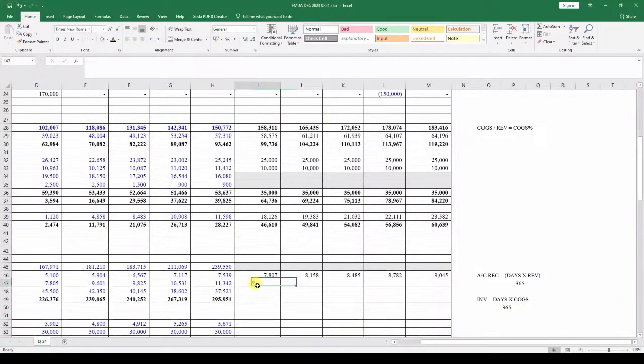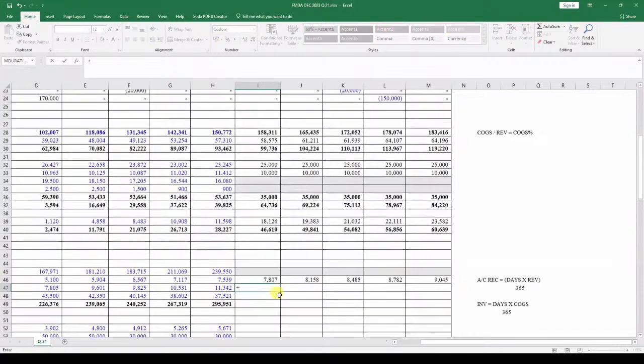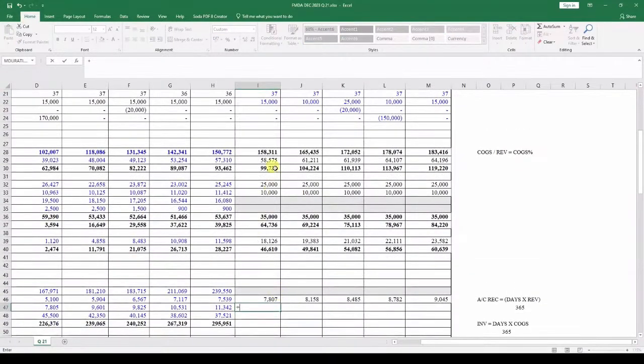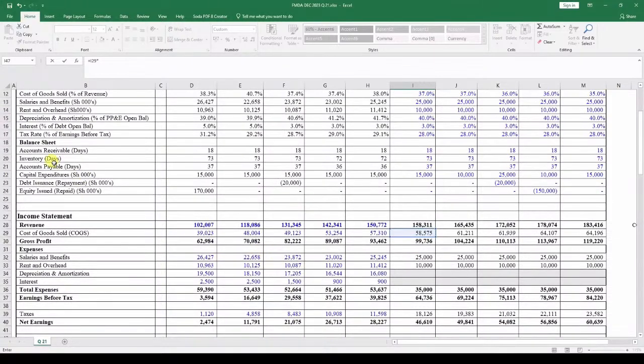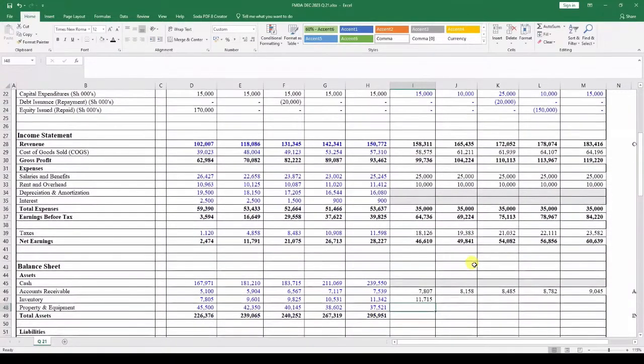So we pick the cost of goods sold, times the days. Which days? The inventory days right here, 73, divided by 365. Once we divide that by 365, we should be able to get the 11,715. We drag it.